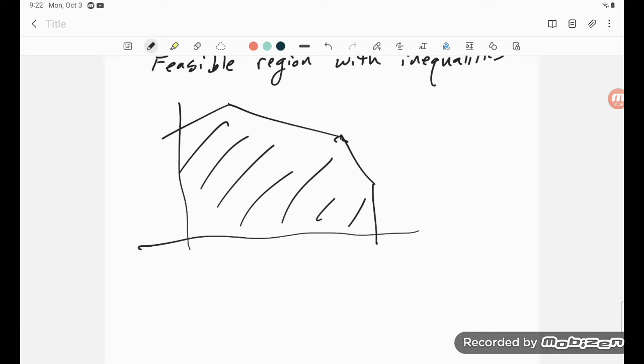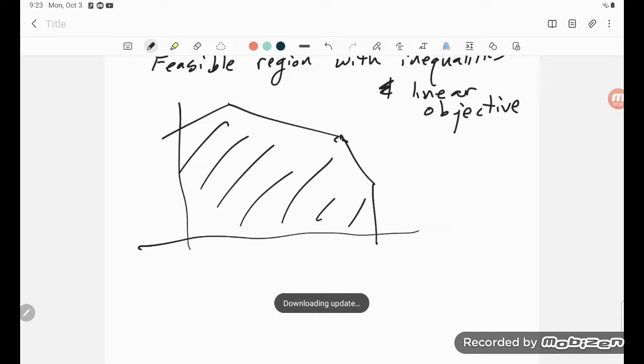Then in Module 5, we added a linear objective. And we either want to maximize or minimize, depending on what that objective function draws as, but we might have something like this. Maybe that's z equals 10.